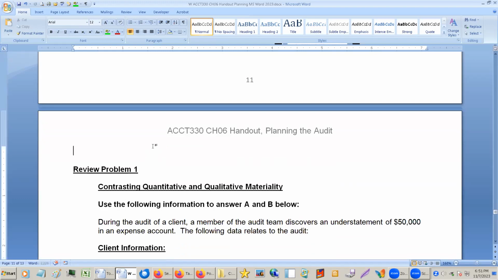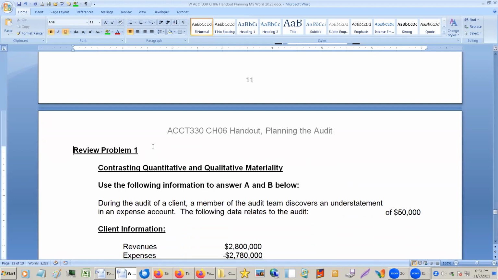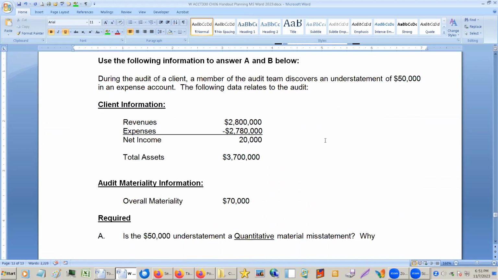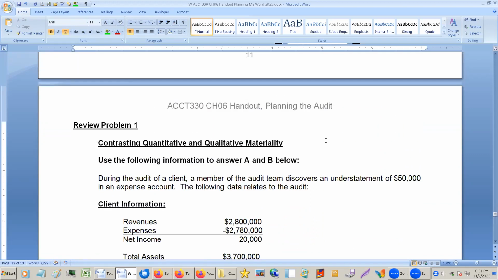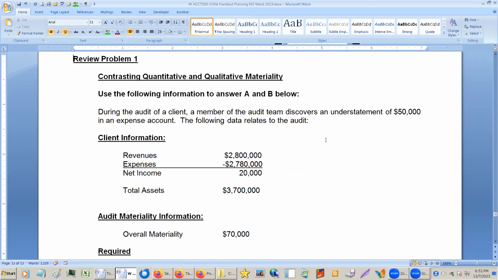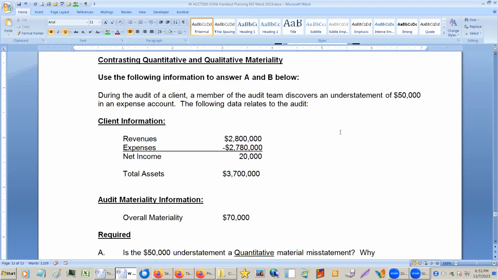Okay, let's review. Review problem 1. During the audit of a client, a member of the audit team discovers an understatement of $50,000 in an expense account.